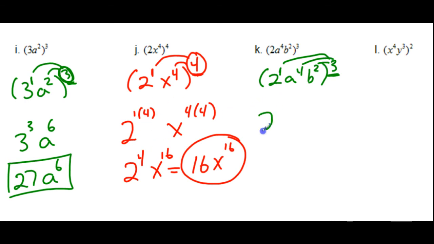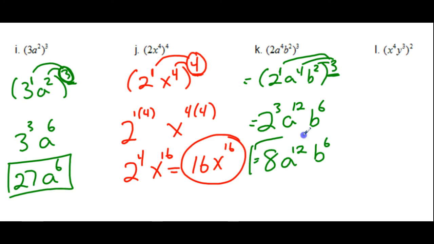I'm just going to simplify it as I go. 1 times 3 is 3. 4 times 3 is 12. 2 times 3 is 6. Alright? So 2 to the 3rd power, that's 8. A to the 12 we can't simplify anymore. B raised to the 6th, we can't simplify that anymore either. Alright? So this is your answer.